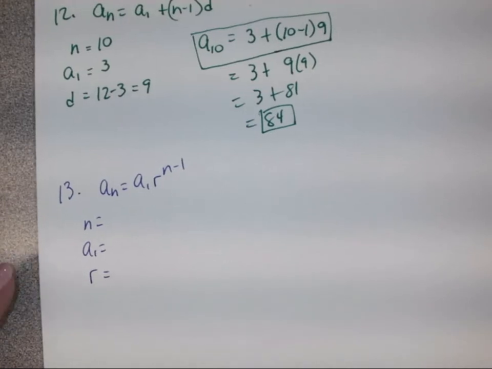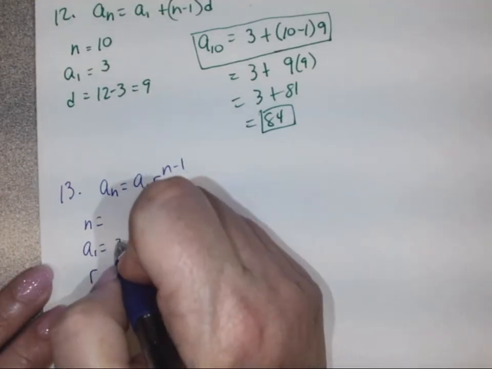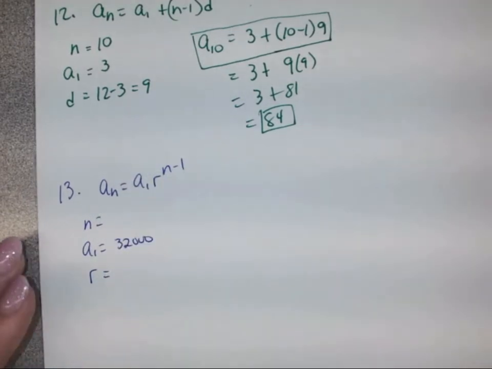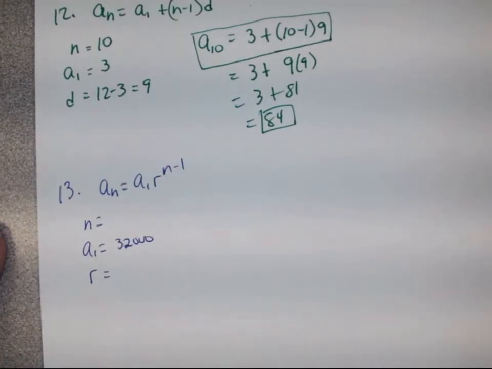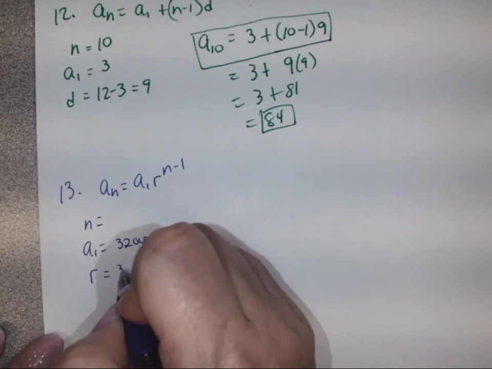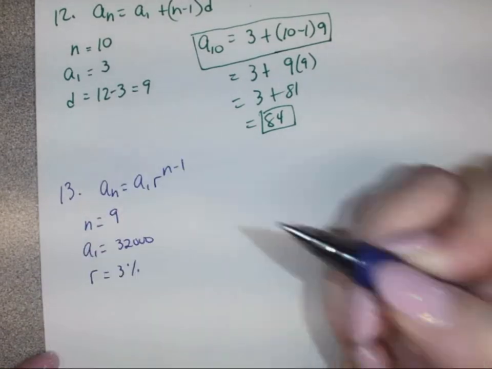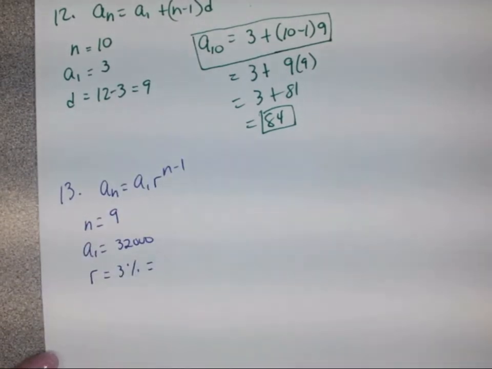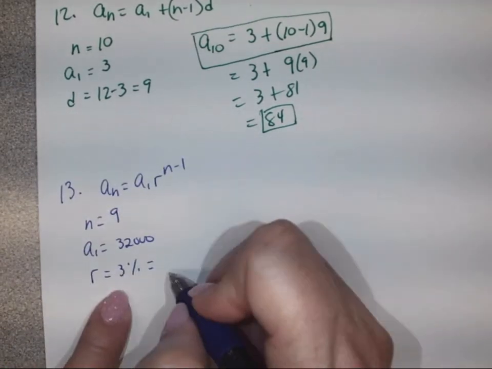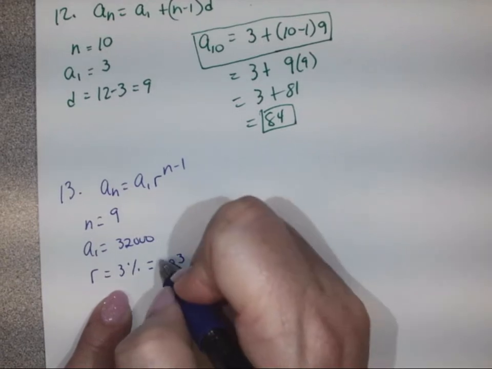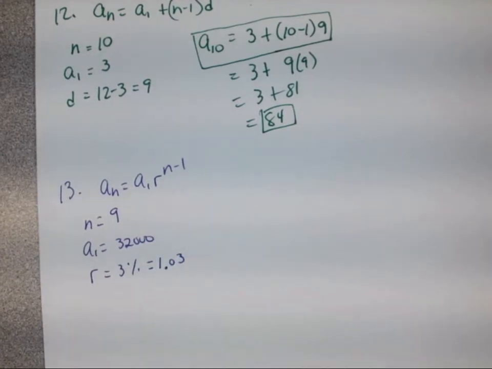So we are told that her starting salary is $32,000 and that she has an increase of 3%. That will be the R, and her N is the 9th year, so that will be 9. Remember the trick about the R. It's not just going to be 0.03, but we have to put the 1 in front of it, so it's going to be 1.03.